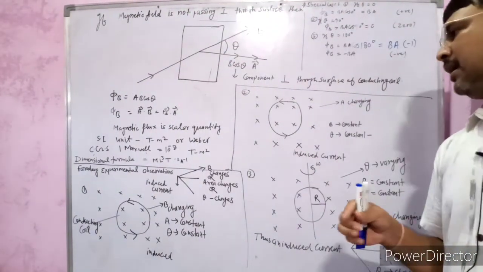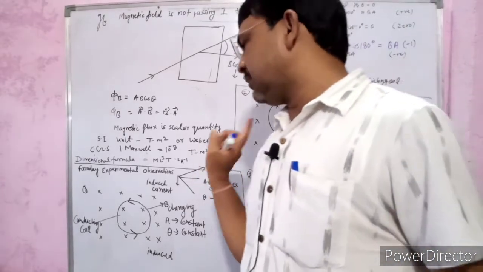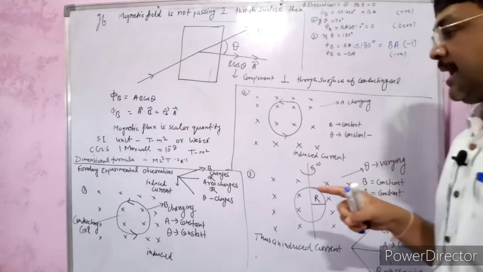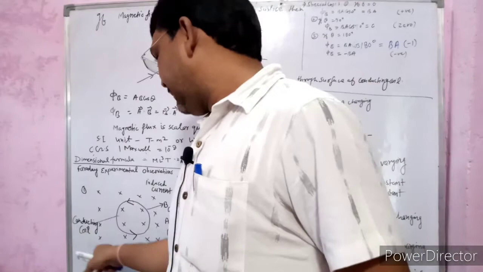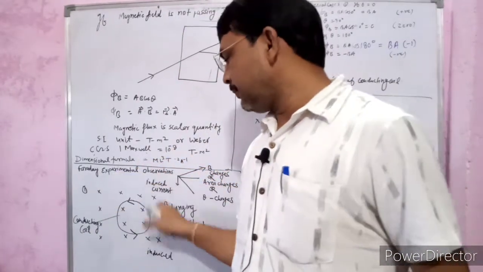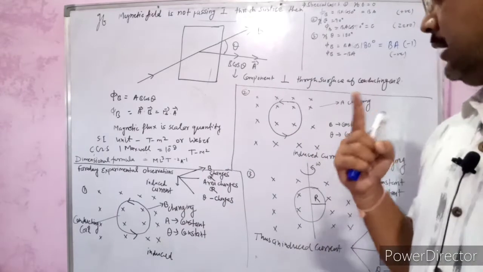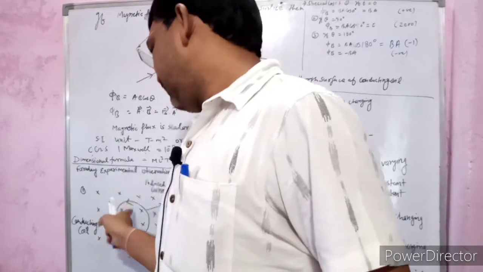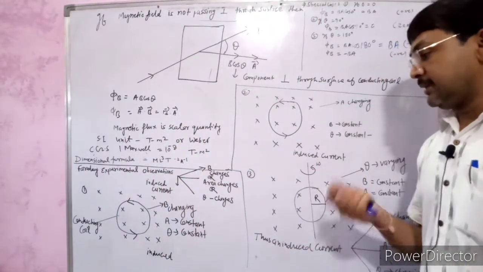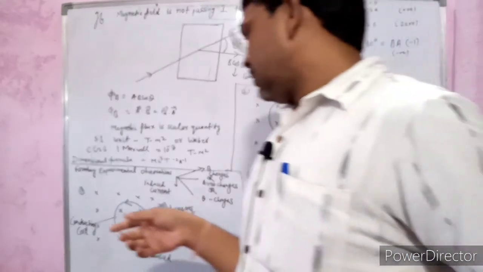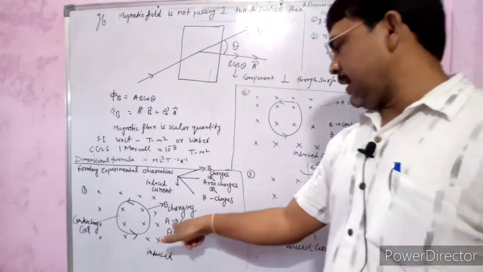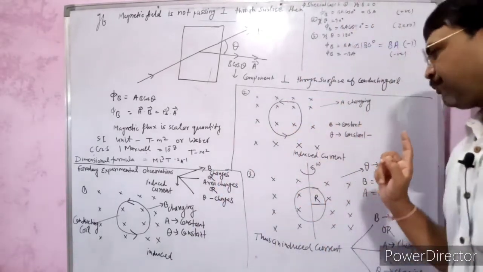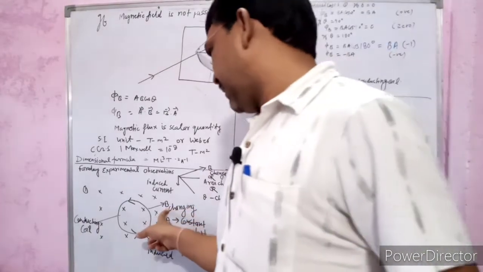First, when the magnetic field B is varying. In the diagram, the magnetic field is directed normally inward, in which a conducting coil of area A is placed. Here we assume that area A and theta remain constant, and only magnetic field B is varying.